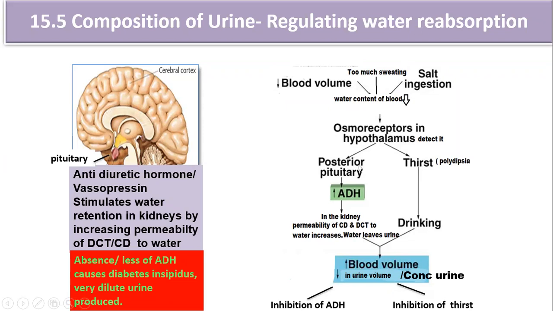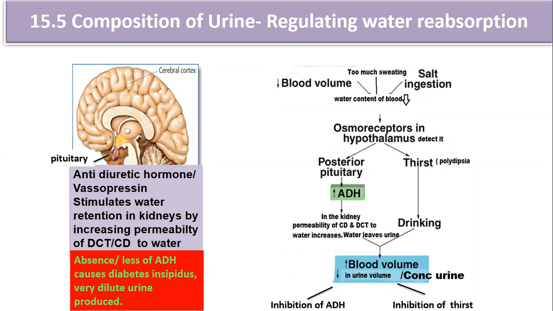So the hormone called ADH plays a very important role in regulating water reabsorption. ADH's other name is vasopressin. Antidiuretic hormone, also called vasopressin, first makes concentrated urine. It also constricts the blood vessels in order to maintain blood pressure.